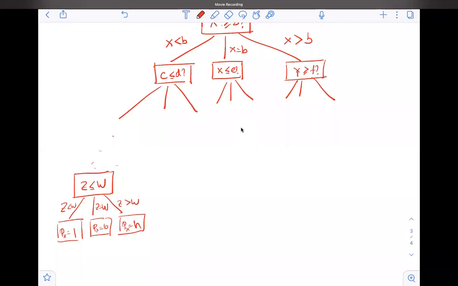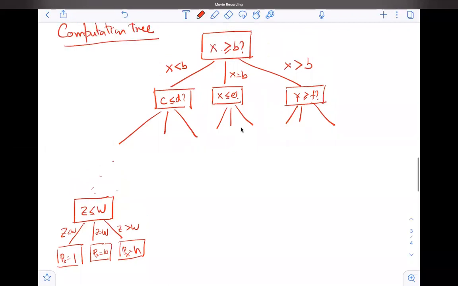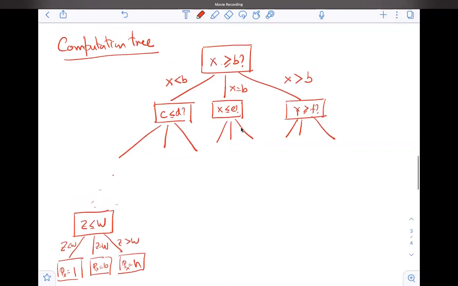After doing all this computation, at the end of the day, you have to give me a position in the data structure that is there.